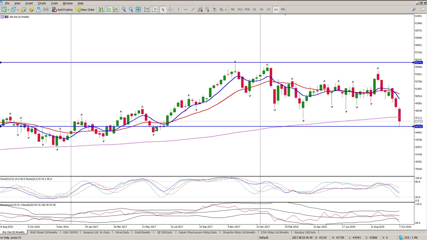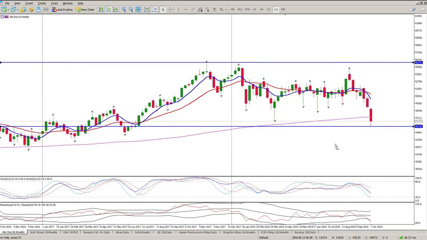You can see all these inside tails here. Those would have been my levels. The first one was ignored, which coincided with the 200 moving average, then this tail was ignored, then this tail was ignored. So this is the third time, the third inside bar on the weekly, which looks like we tagged.